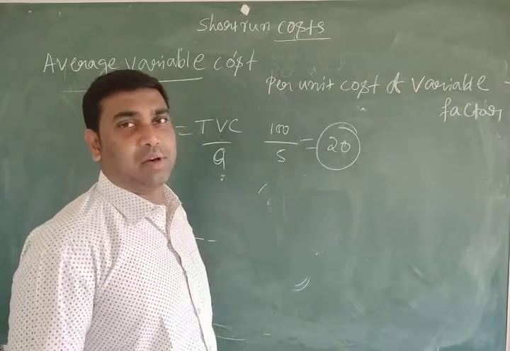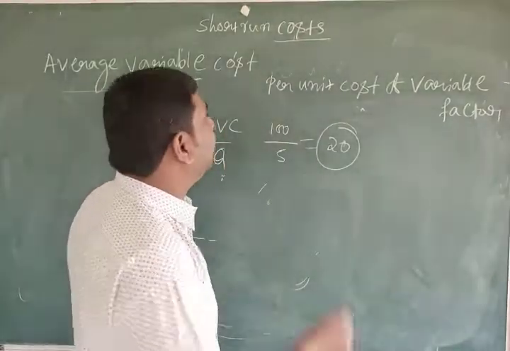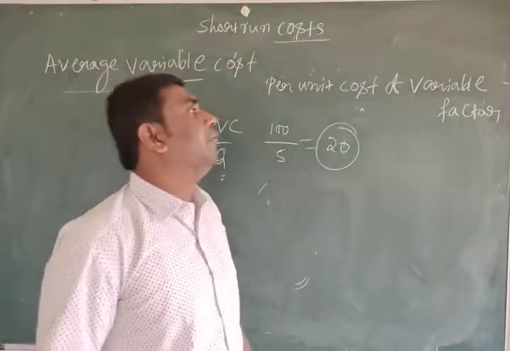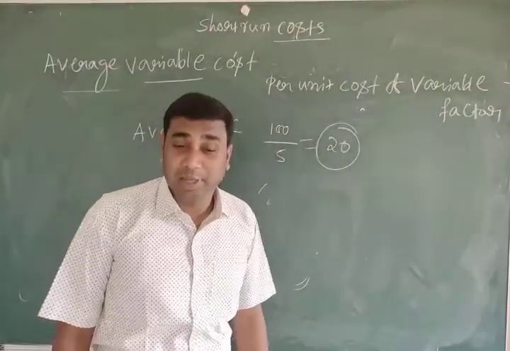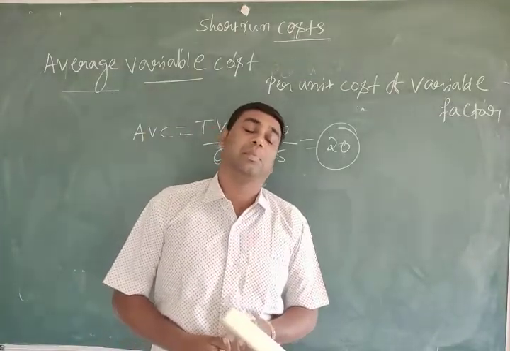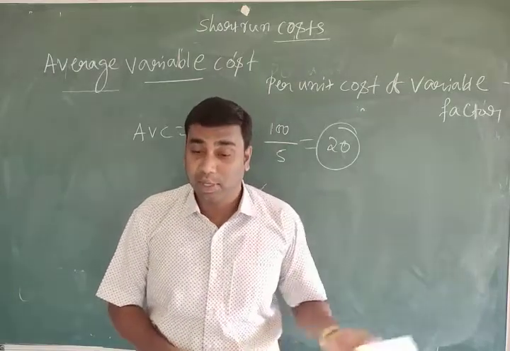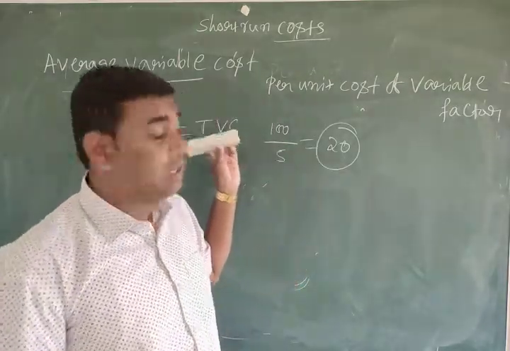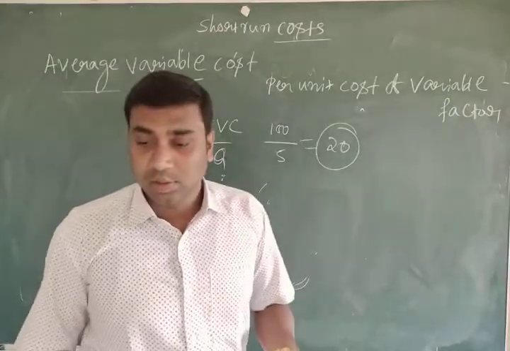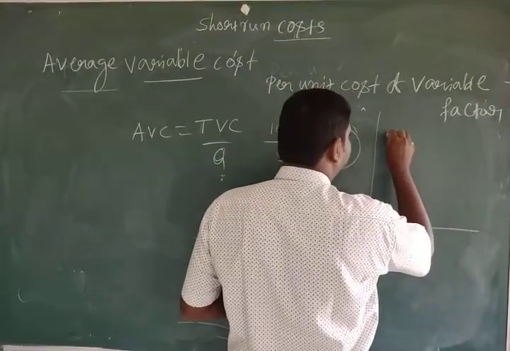Simple, per unit cost of variable factor. Otherwise, it is the per unit variable cost of production of a commodity. The formula is AVC, that is TVC by Q.